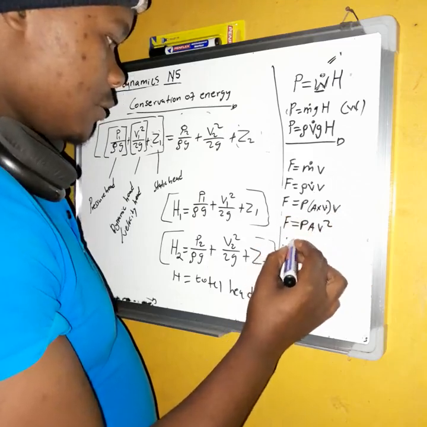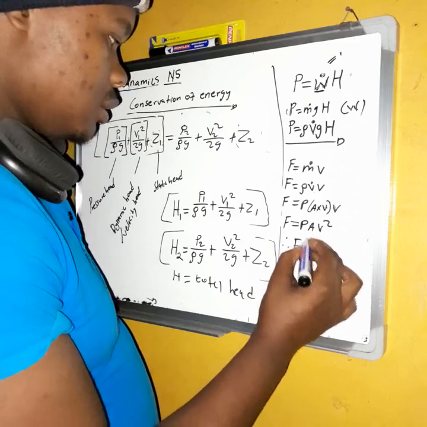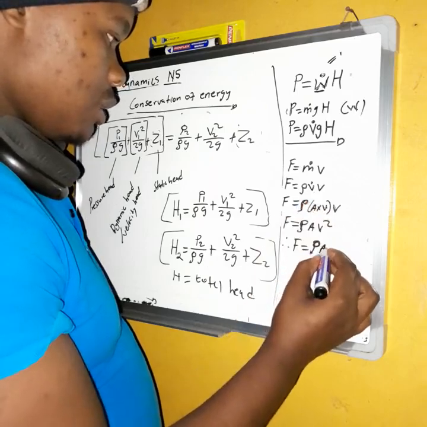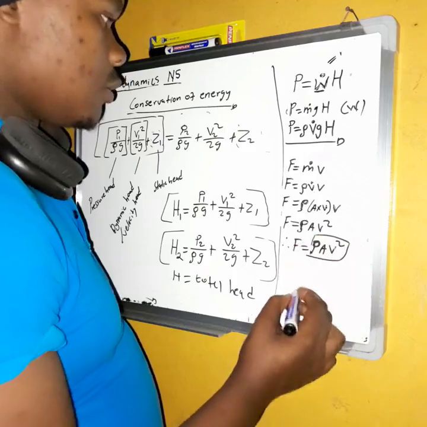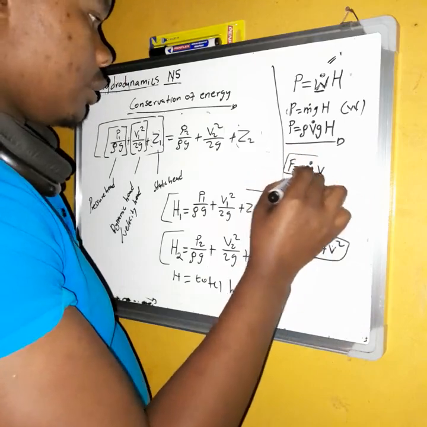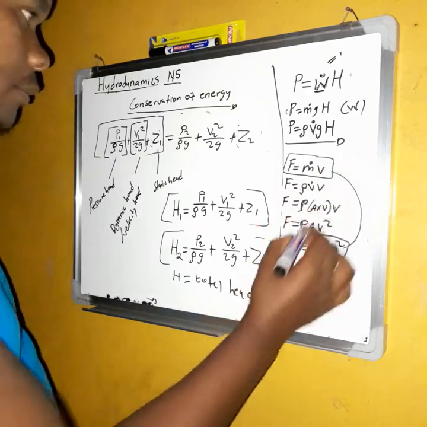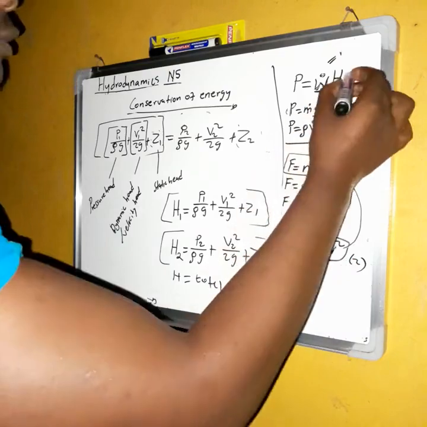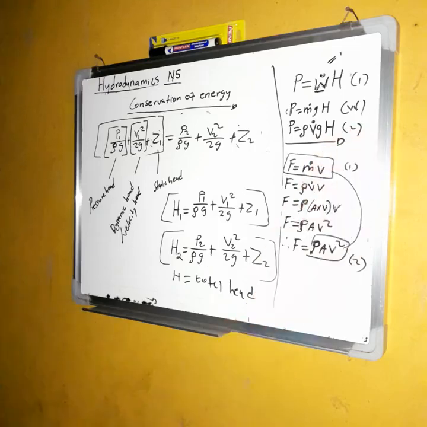Therefore force will be density multiplied by area multiplied by v squared. So here are our formula 1 and formula 2, and this is how we calculate this.